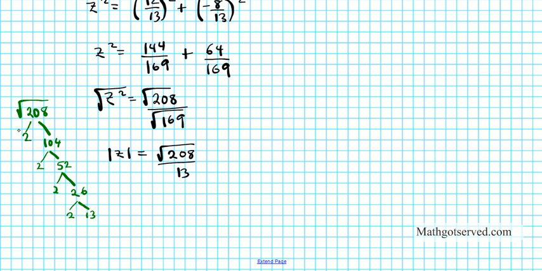So in order to break out of the square root, you need the number to repeat itself. So these 2 repeat themselves, so they can break out as 2. These 2 2's repeat themselves, so they can break out as 2. So 13 stays behind, okay, because it's alone. So this becomes 2 times 2 root 13.